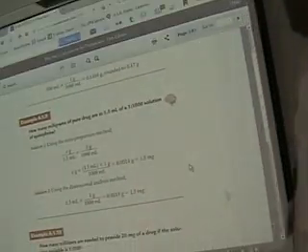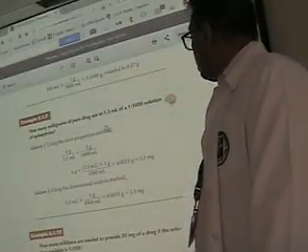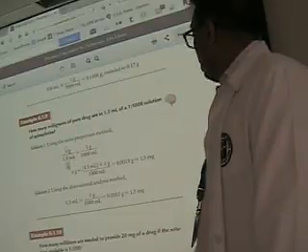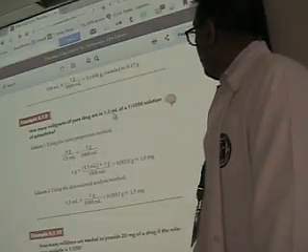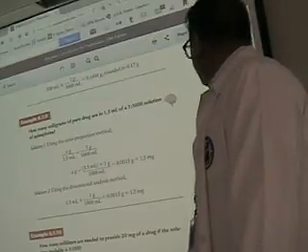Same thing here. I want 1.5 ml of a 1 to 1,000 solution. What does a 1 to 1,000 solution look like? 1 gram over 1,000 equals X grams over 1.5 ml. And it's wash, rinse, and repeat.